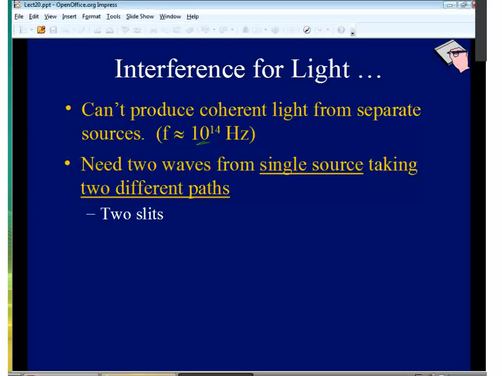Young's double slit experiment. And then there are other ways also. The basic idea is same source, two different paths.